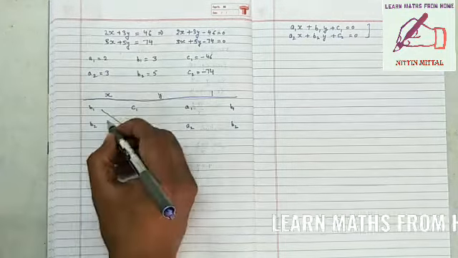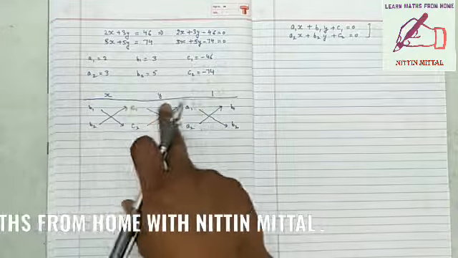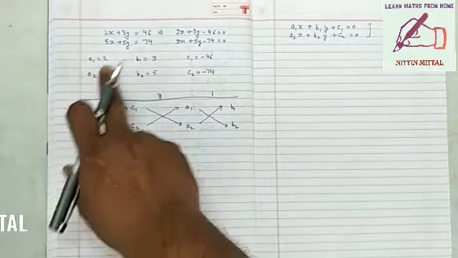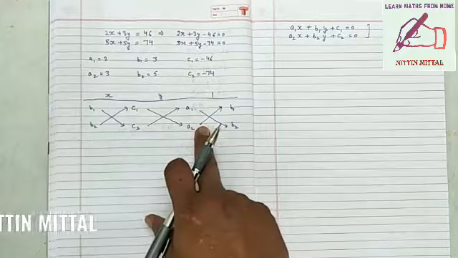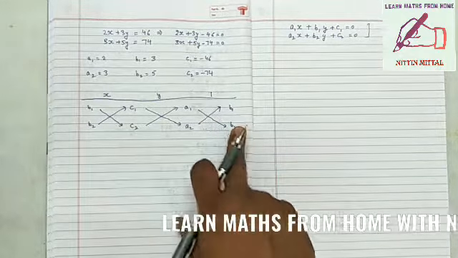And students, you need not worry, you won't forget this. Let me tell you an easy way to remember this. If we take a1 a2 as 1, b1 b2 as 2, c1 c2 as 3, you see what we have written: 2 3 1 2, right? So in this way you can remember this.